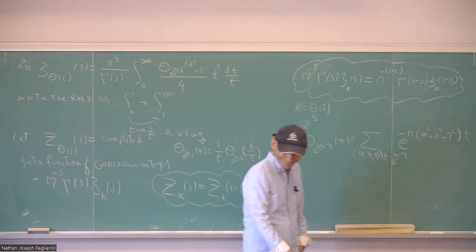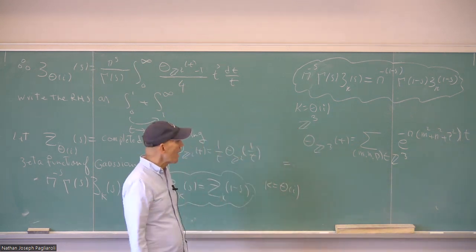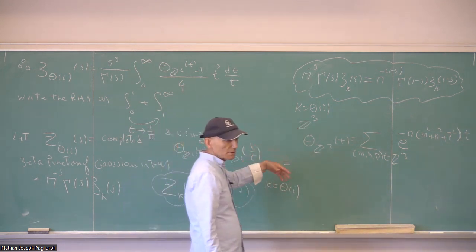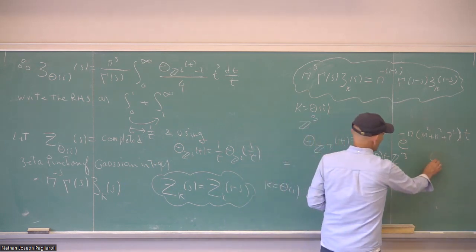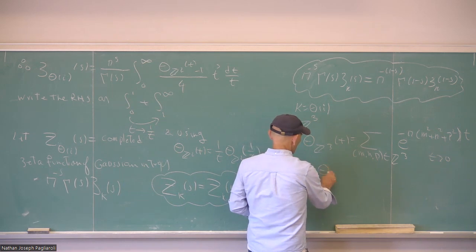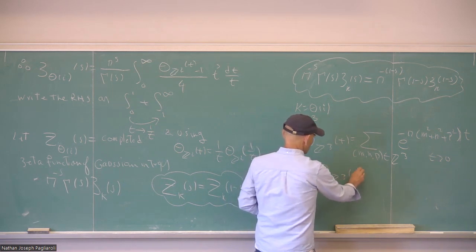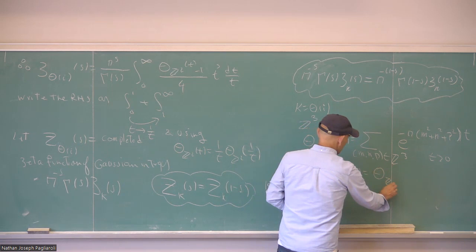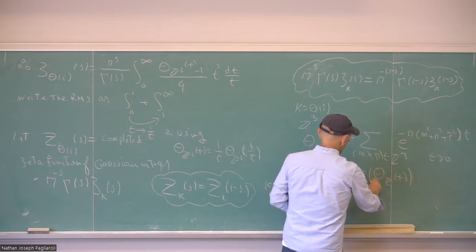Obviously, this is convergent for t positive again. And of course, in this case it is quite easy: it is theta of Z to the power 3.